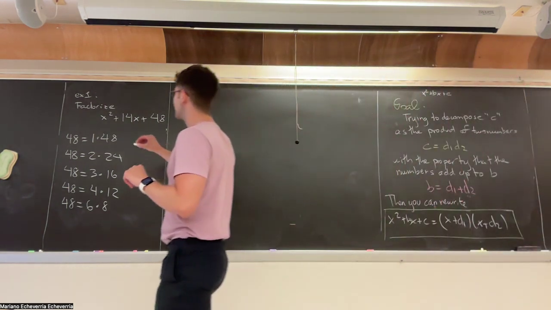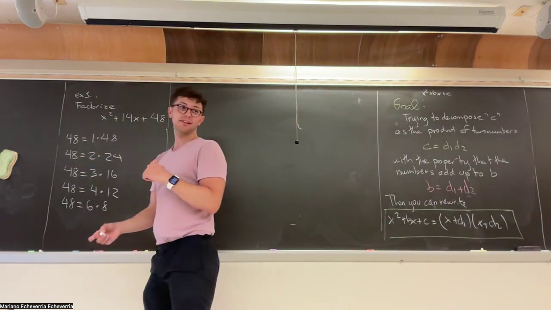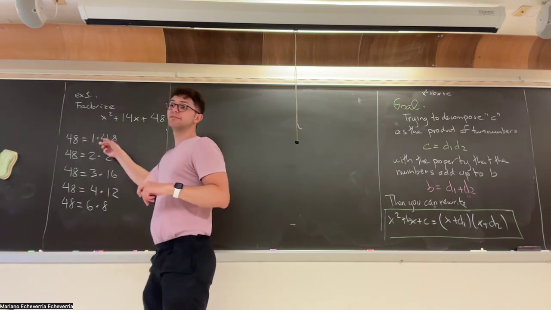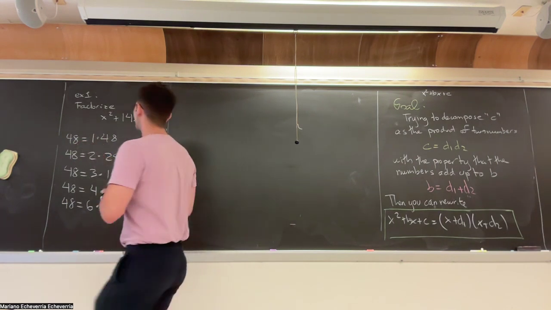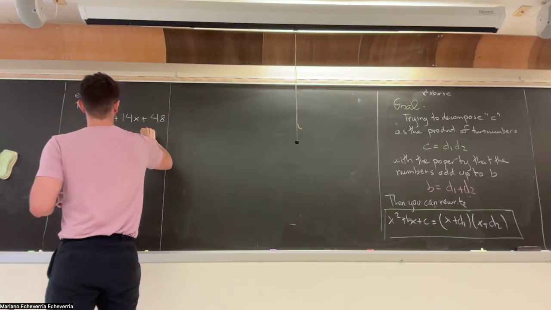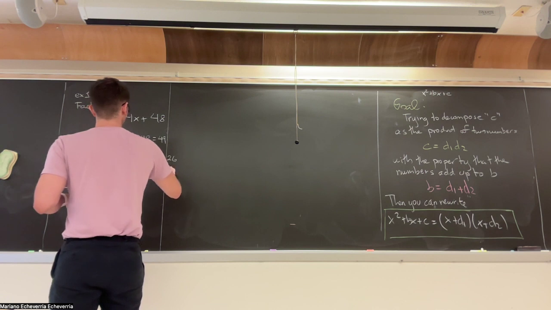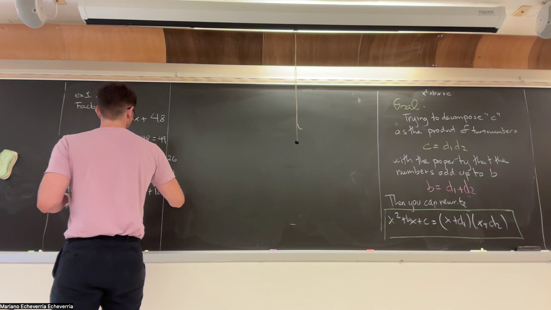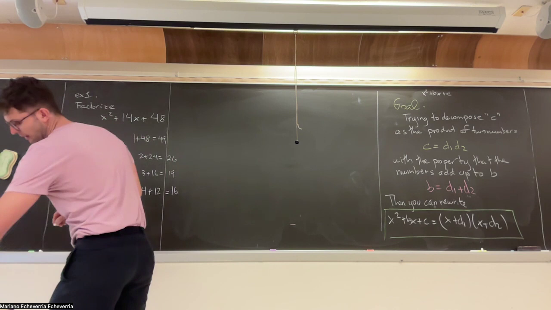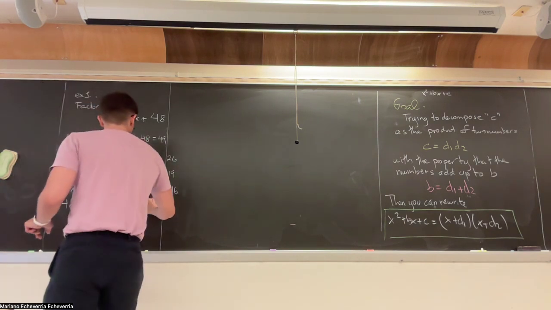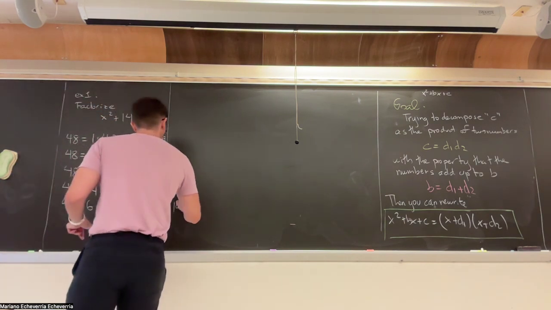These are the decompositions in terms of products. Those are my candidates, and you ask, what happens if I add up these numbers? So you add them up: 1 plus 48, which is 49, 2 plus 24, which is 26. Then 3 plus 16, which is 19, 4 plus 12, which is 16, and then 6 plus 8, which is 14.